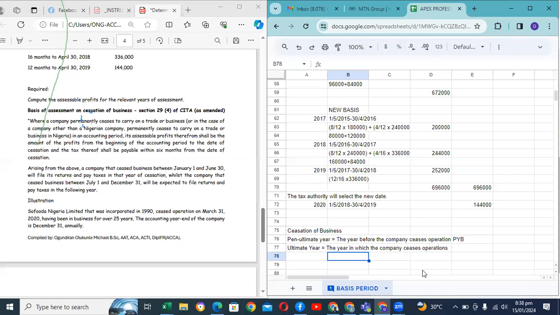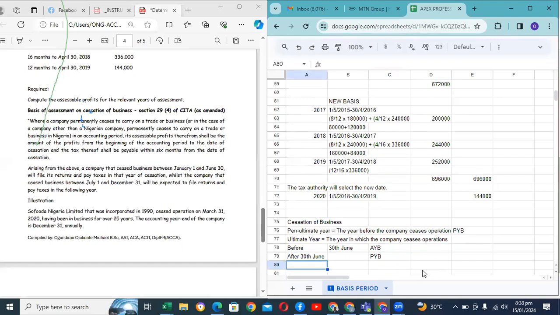If a company ceases operation before 30th June, the company will be assessed to tax on actual year basis. That's before 30th June, actual year basis. If a company ceases operation after 30th June, and obviously before December 31st, it's going to be on preceding year basis. Is that clear, everybody? Yes, sir.